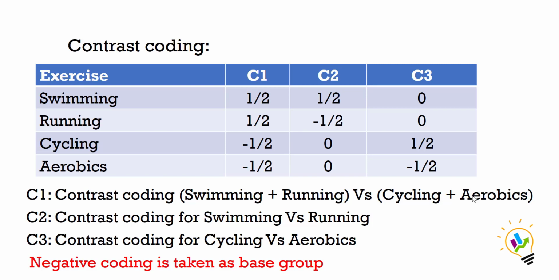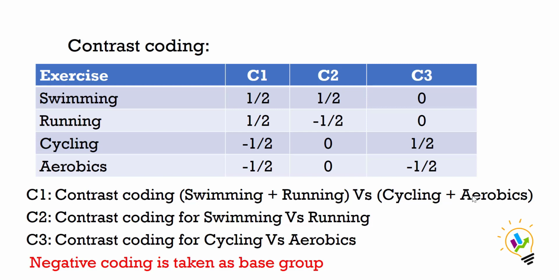If you see C1, for swimming and running we have given 1 by 2, 1 by 2. For cycling and aerobics, we have given minus 1 by 2, minus 1 by 2. If we add them, the total becomes 0. Here also for C2, swimming is 1 by 2, running is minus 1 by 2, and adding them becomes 0. It means the total of each code must become 0.